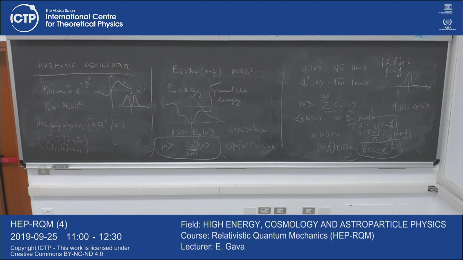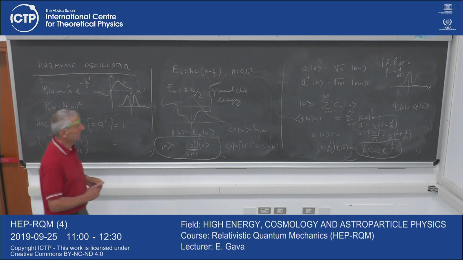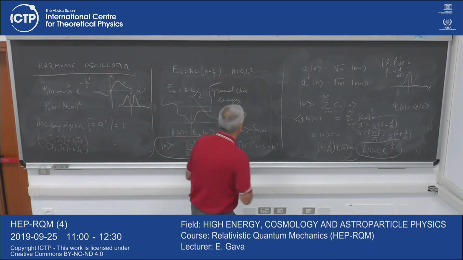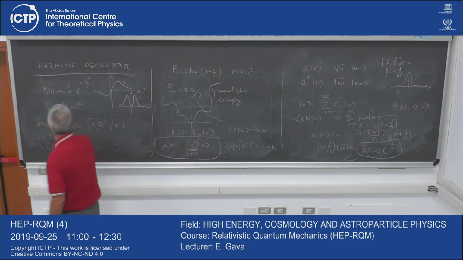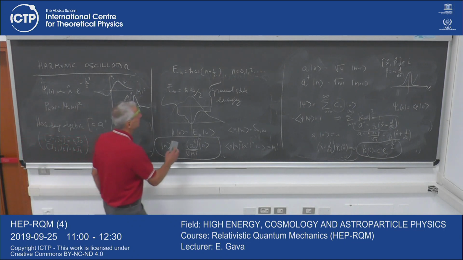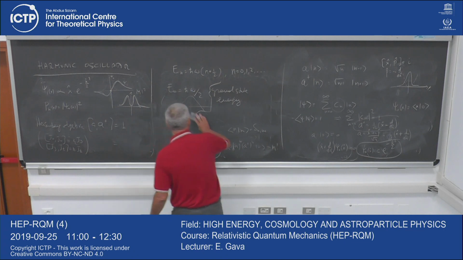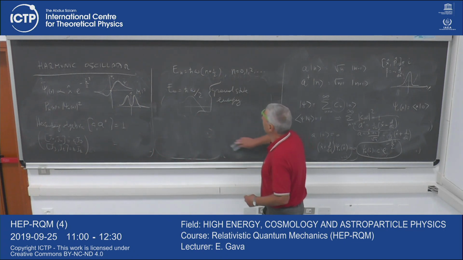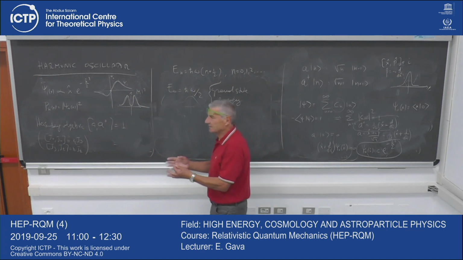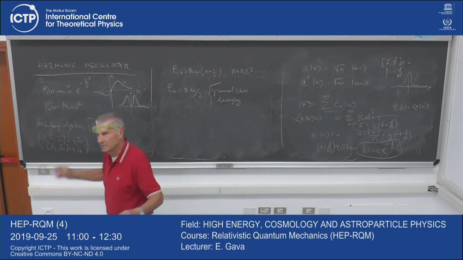Notice that this is a single harmonic oscillator. You can always have a collection of harmonic oscillators which are decoupled. This is what we will have in actual application to quantum field theory: not just a single harmonic oscillator, but a collection of harmonic oscillators.